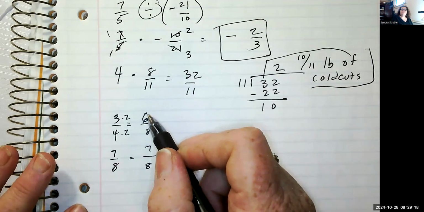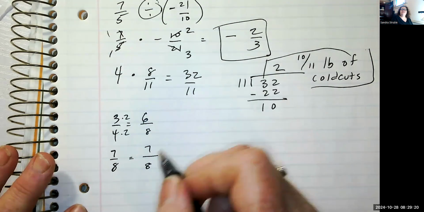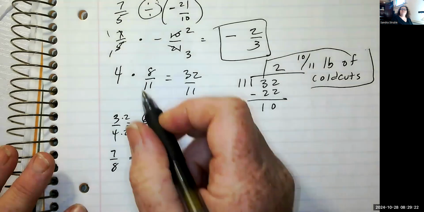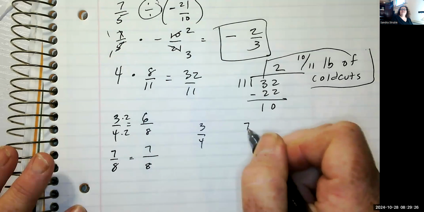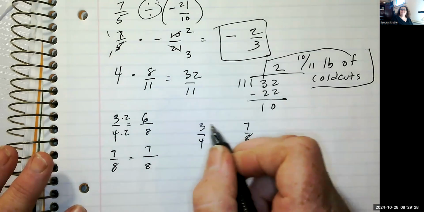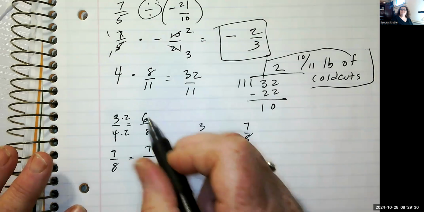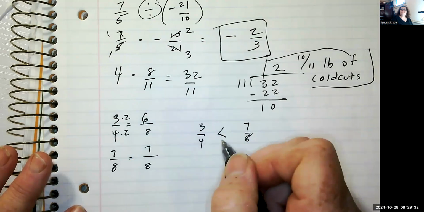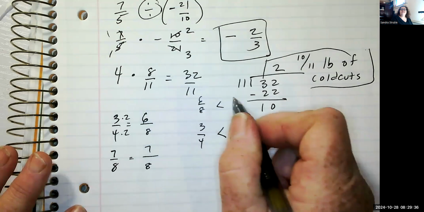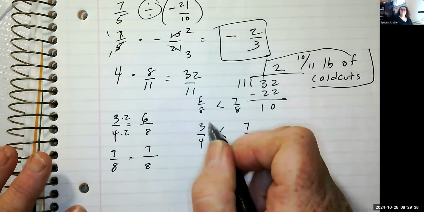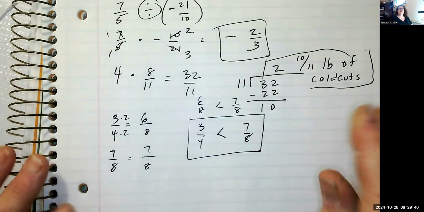So it's 6/8 greater than or less than 7/8. So I just need to know, is it going to be greater than or less than? 6 is less than 7. So 6/8 is less than 7/8. And I just rewrote it the way they asked.